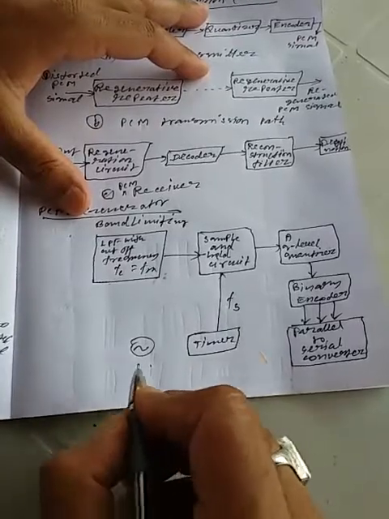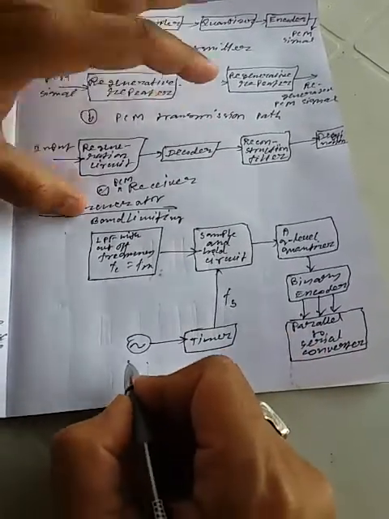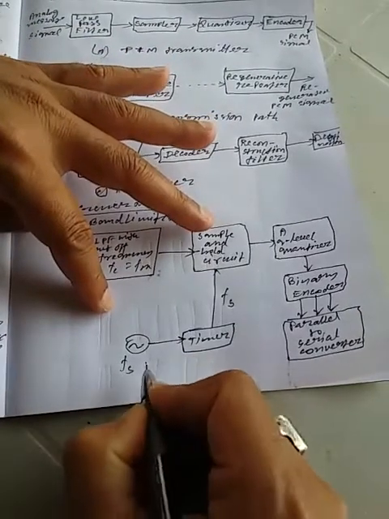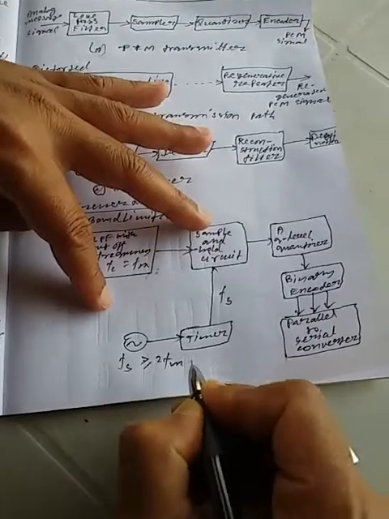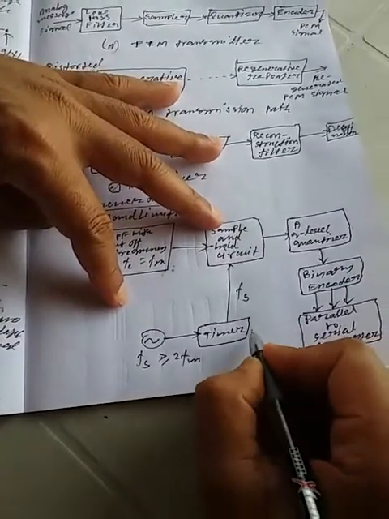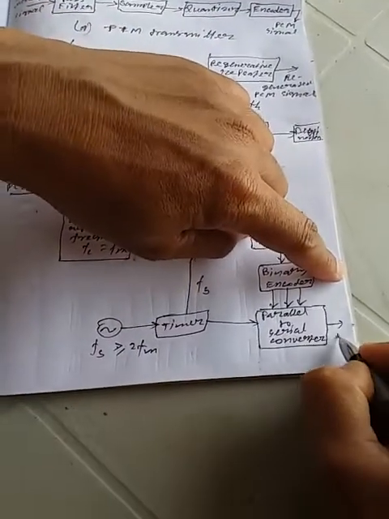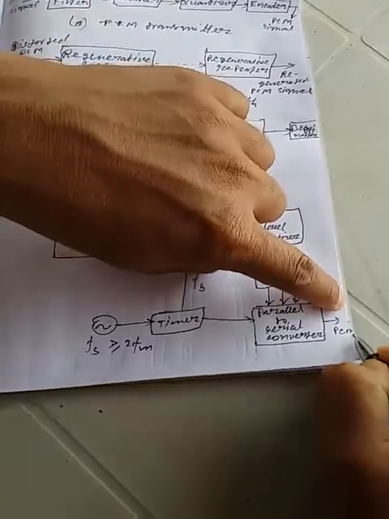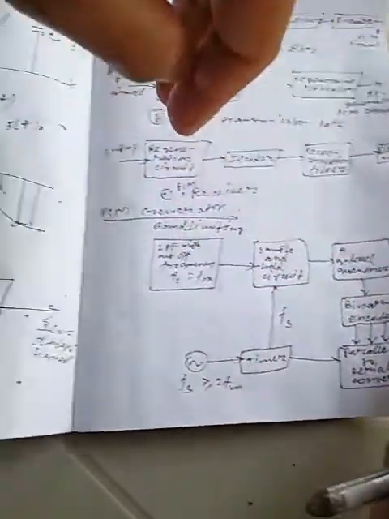So here is the generator of the Fs frequency, or sampling frequency Fs, that must be greater than or equal to 2 FM, right? So we can get the PCM output from here. So this is the PCM output.